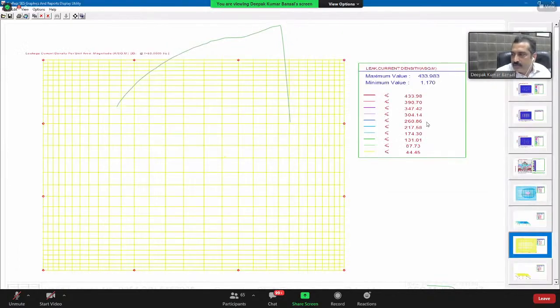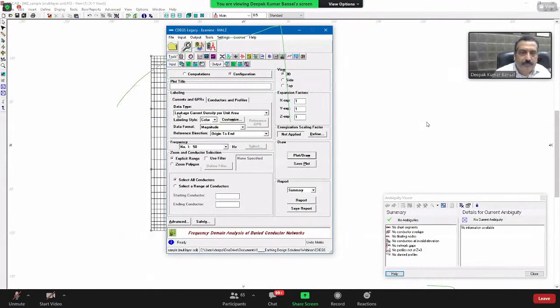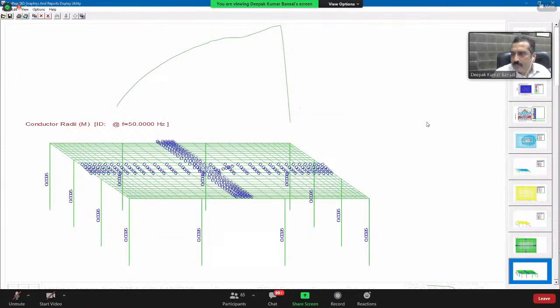Okay, more things I'll show you. There are so many things basically. In the PDS we can see the top view or 3D view. Oh no, this is not what I want.